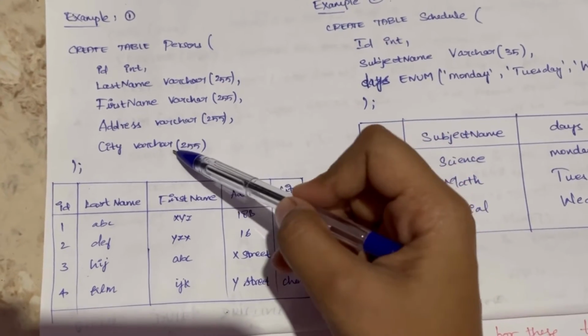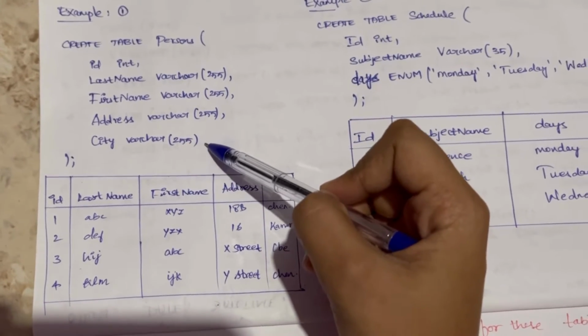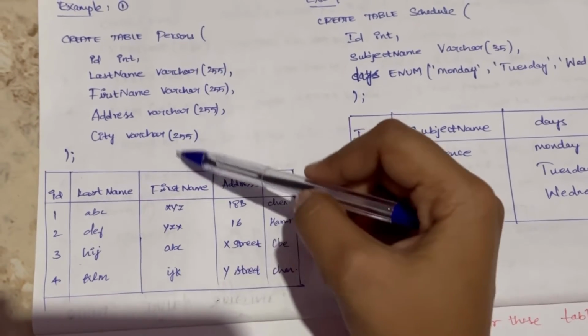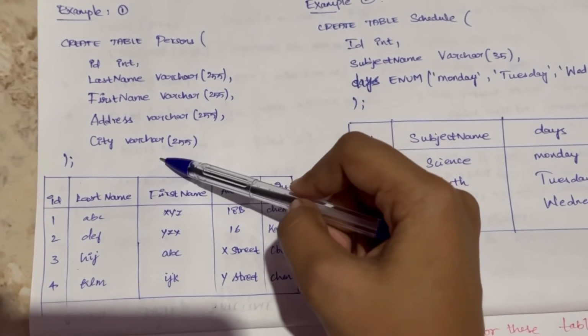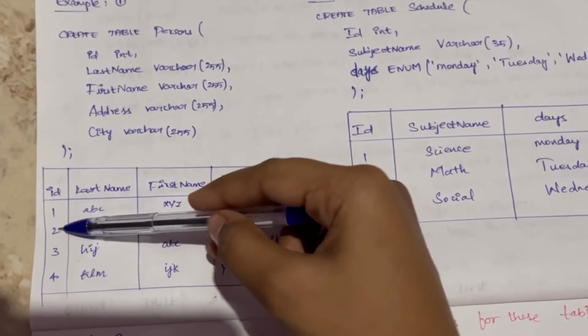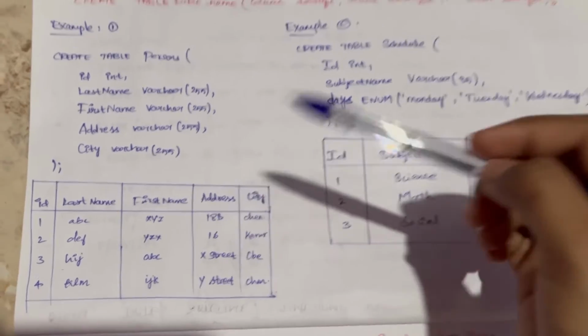And remember, always for the last column you should not give any comma here. So then close the bracket and give semicolon. Now if you execute this create query, you will get a table like this. So later we can insert data into these tables.